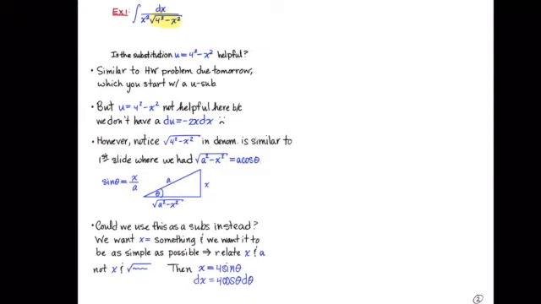Instead, go back to your triangle. In order to figure out what to substitute in for the 4 squared minus x squared, we're looking for a relationship between the square root part and the number, because we want to keep it as simple as possible.